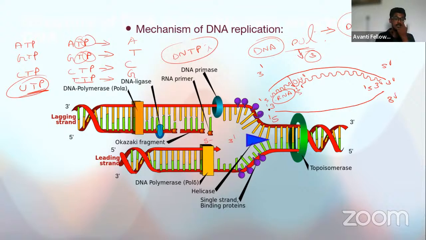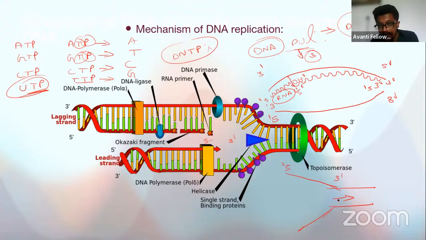Now there is a small challenge for our DNA polymerase. Let's say the DNA is opened up like this, and the helicase is moving in this direction. Let's say this is the lagging strand, 5' to 3'.